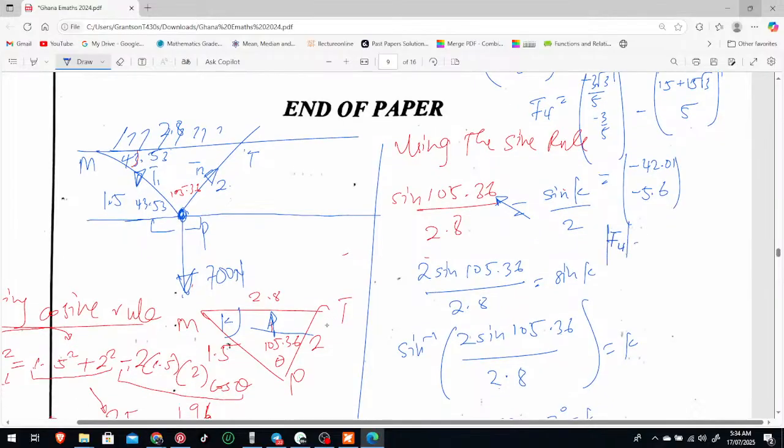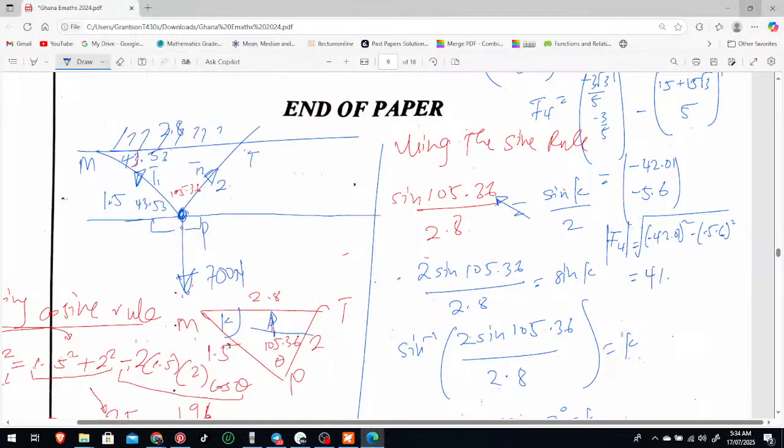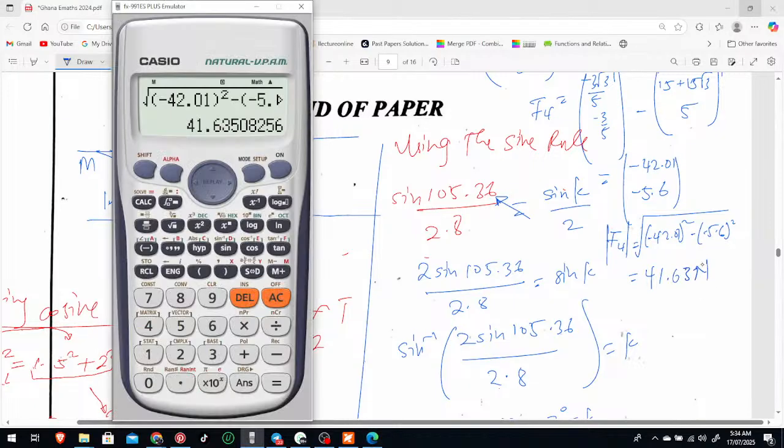F4's magnitude is going to be the square root of everything: negative 42.01 squared plus negative 5.6 squared. Let's do that. Negative 42 squared plus negative 5.6 squared. 41.63 newtons.